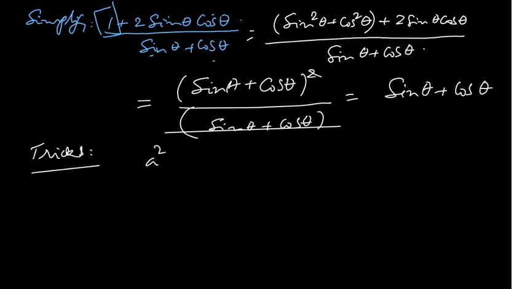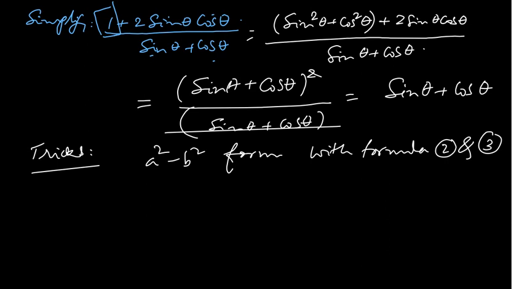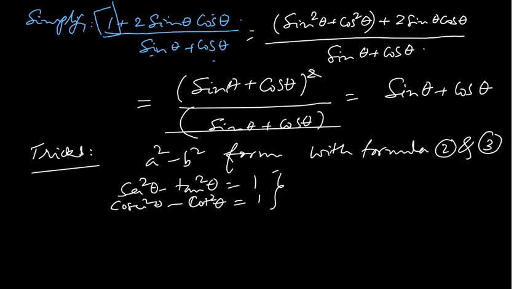See this a squared minus b squared form, especially with formulas 2 and 3, because in those only you have secant square theta minus tan square theta equals 1 and cosecant square theta minus cot square theta equals 1, because that's where you have the minus coming here, whereas for sine square and cos square you have the plus coming. So since you are getting this 1 in these cases, it actually gets transformed using this formula.